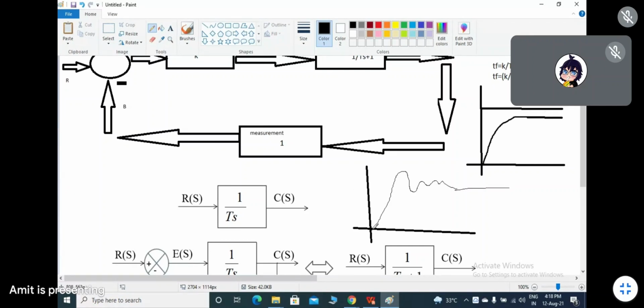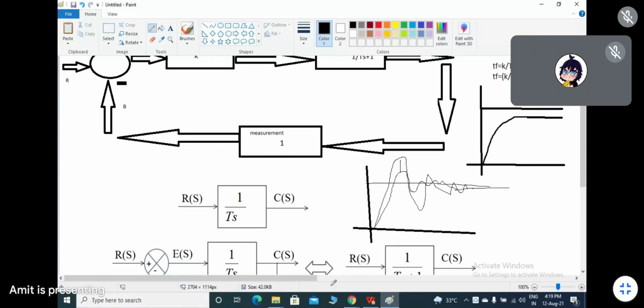But when your gain is increased, your system will look like this. Oscillations will be more, and this peak value will be more when gain is more. That limitation is there, but you are not familiar with this word, that's why I am skipping it.